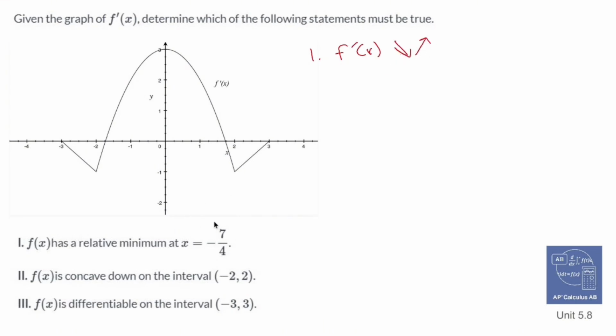So at negative 7 over 4, which appears to be it, I'm going from negative to positive. So that's a 0. This is negative, this is positive, so this is true. If f of x is concave down at negative 2, 2, that means that the rate of change, or the slope, if it's concave down, the slope is decreasing.